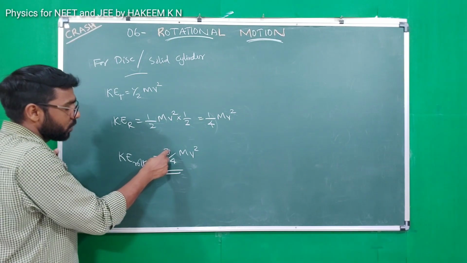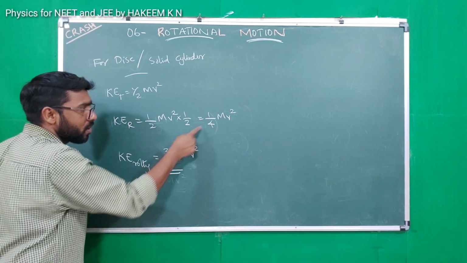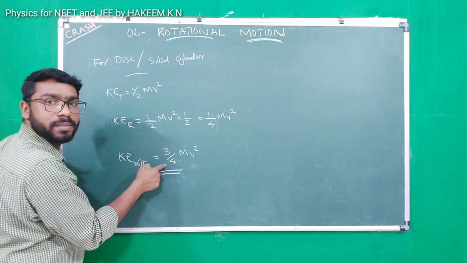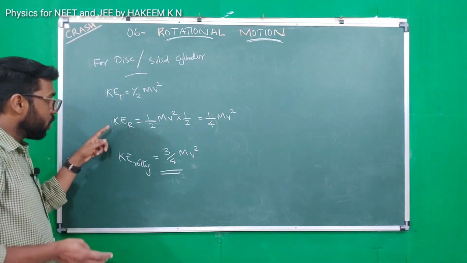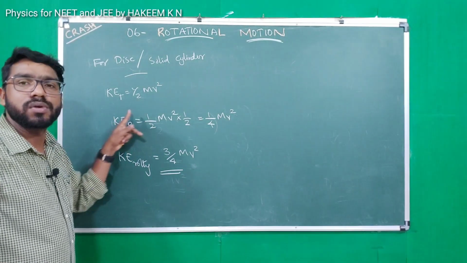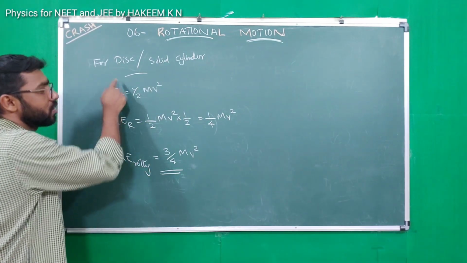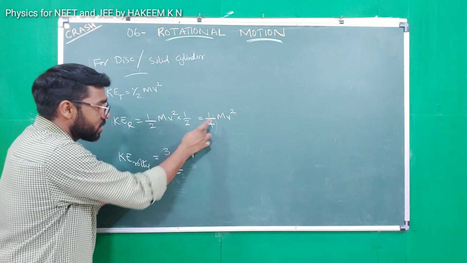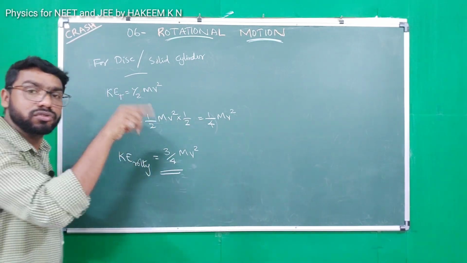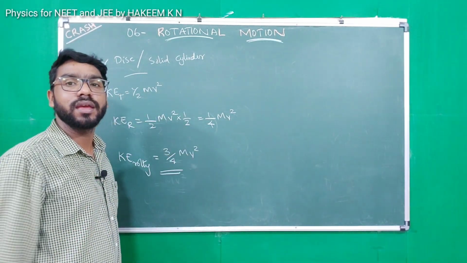So we can say 1 by 4 is 1/3 of 3 by 4. So 1/3 of the kinetic energy of rolling is rotational and 2/3 of the kinetic energy is translational. 1/3 means 1 by 3 into 100.